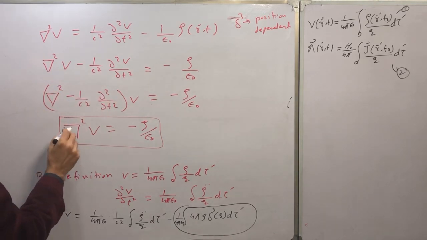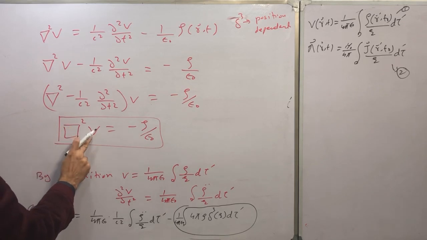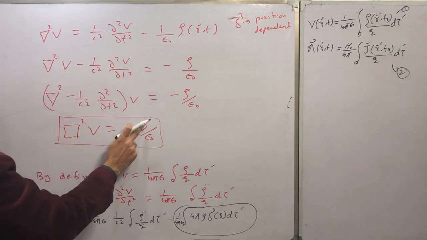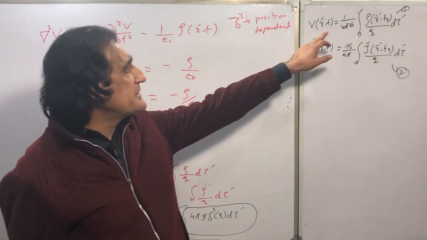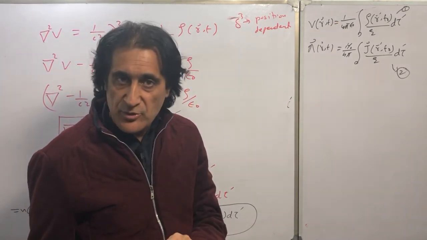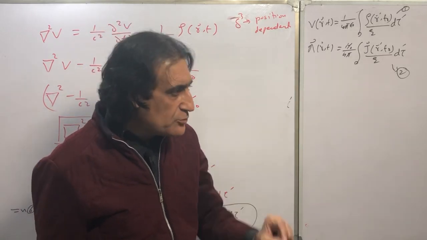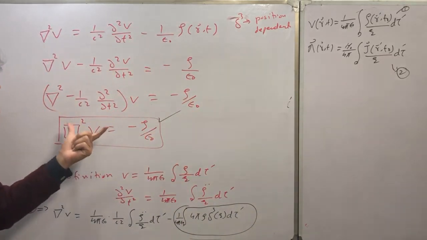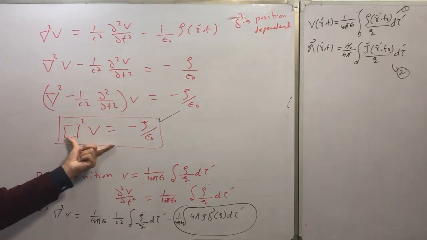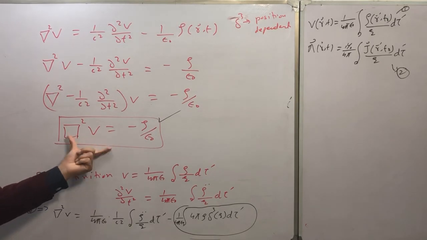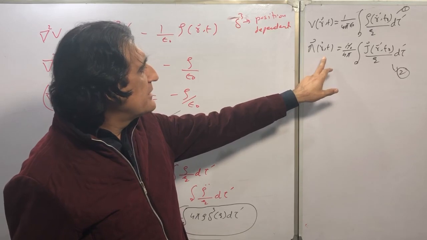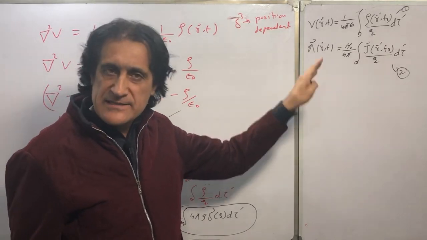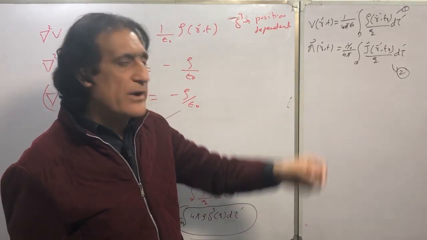This is the d'Alembertian square with v, which is equal to minus rho divided by epsilon naught. So it means that we have considered this retarded potential, and we proved the inhomogeneous equation for the scalar potential, and similarly one can do the same process for the vector potential.